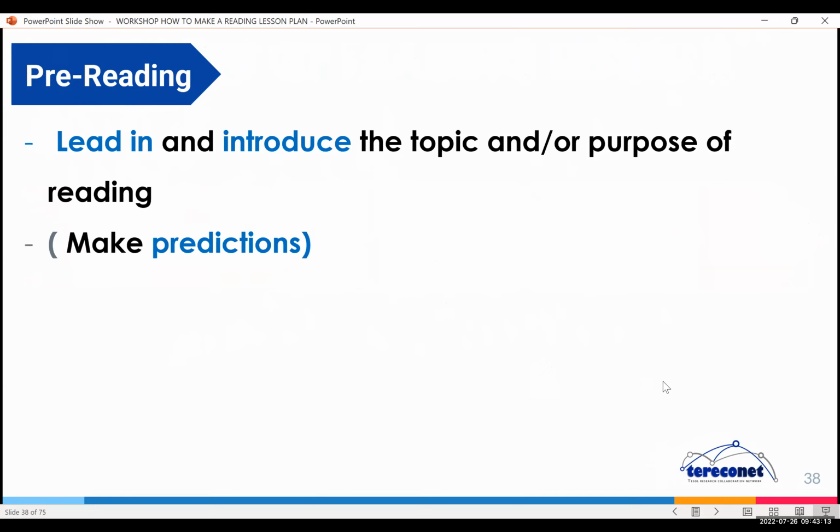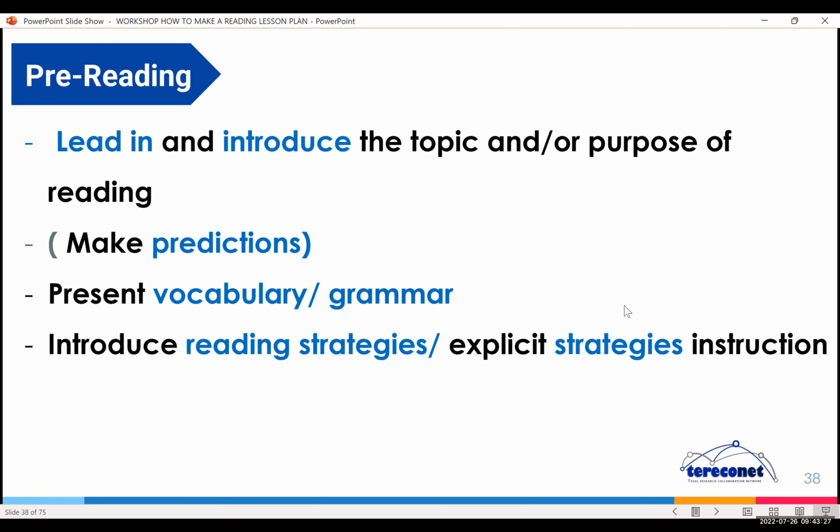Then we can ask our students to make predictions. If you use the top-down approach, we need to present vocabulary, just key vocabulary, and sometimes, if necessary, some grammar. We need to introduce the reading strategies, or do something to make the strategy instruction explicit.